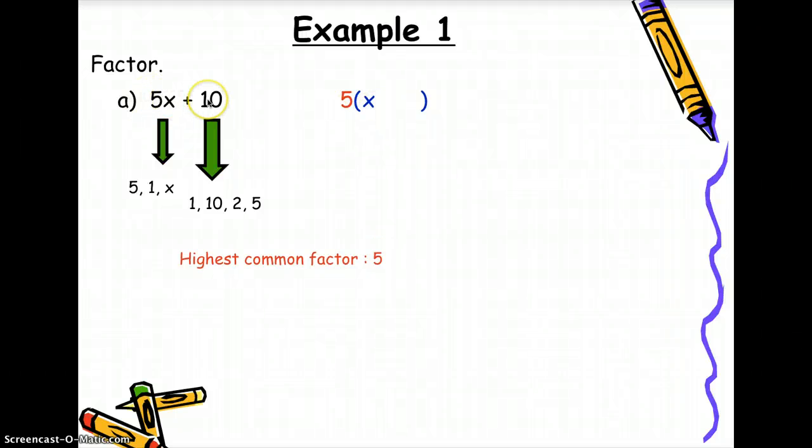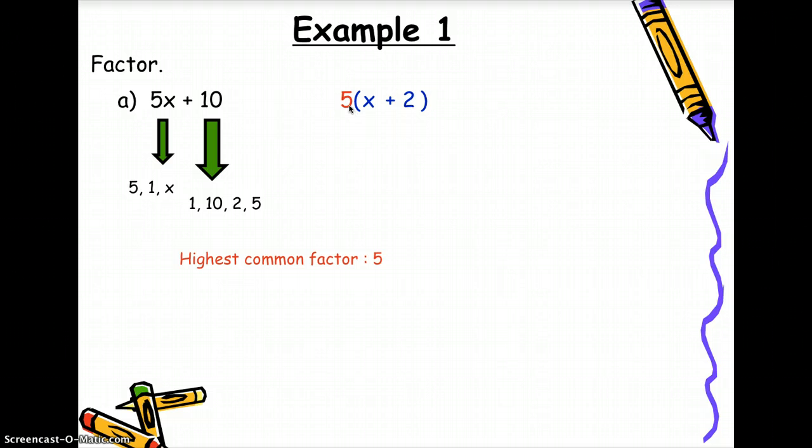How about 10? 5 times what will give us 10? That's correct, I know you're thinking too. So it's plus 2.